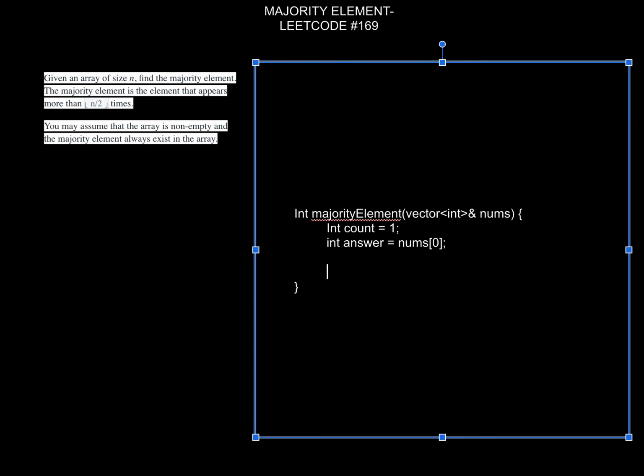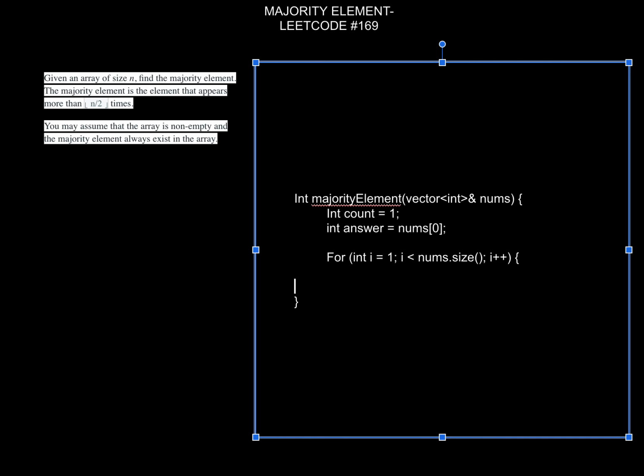And we could use a for loop that goes for int i is equal to 1, since we already have stored the initial element, and we go i is less than nums.size(), i plus plus, and we check if nums at i is equal to our answer.